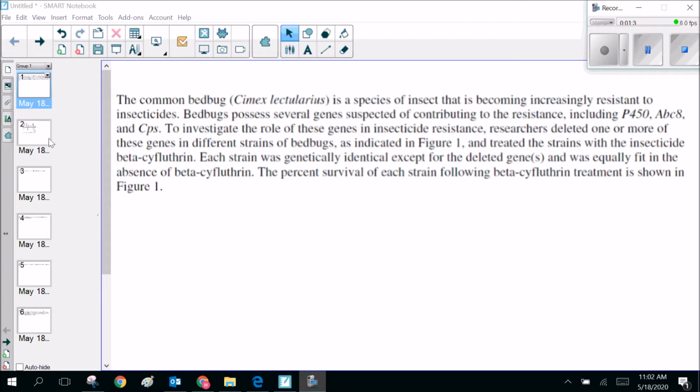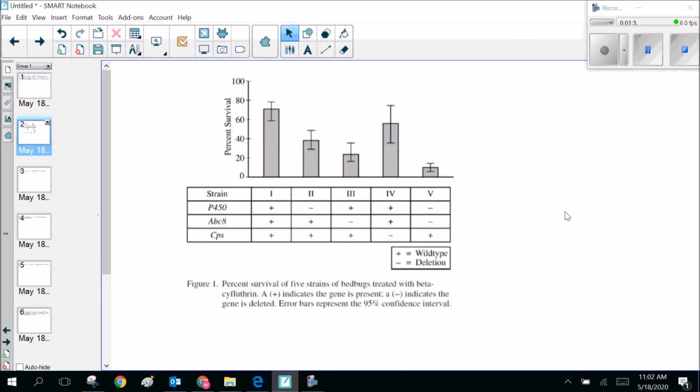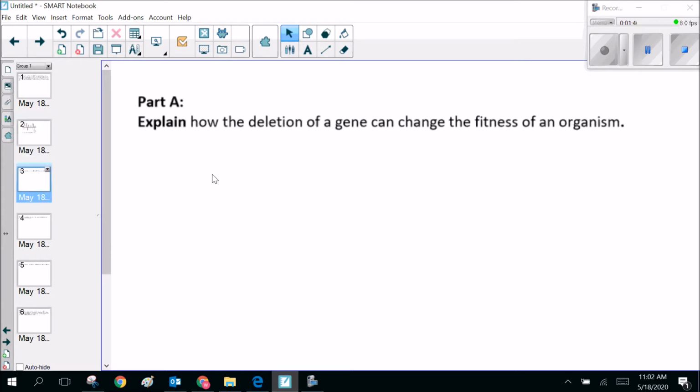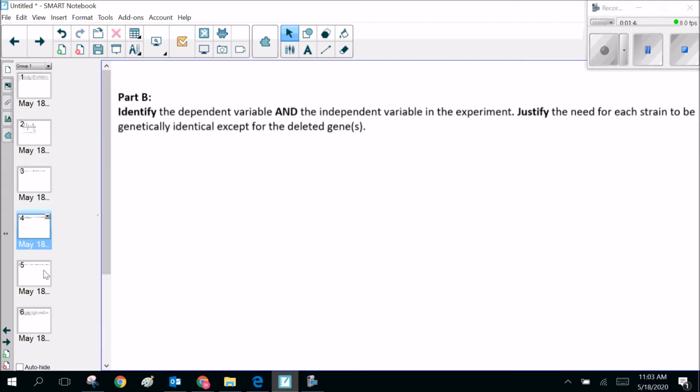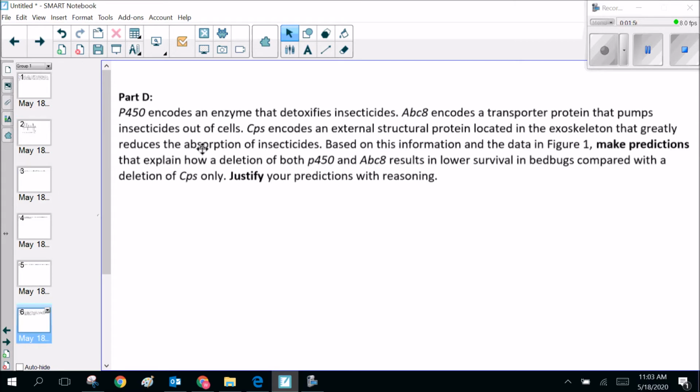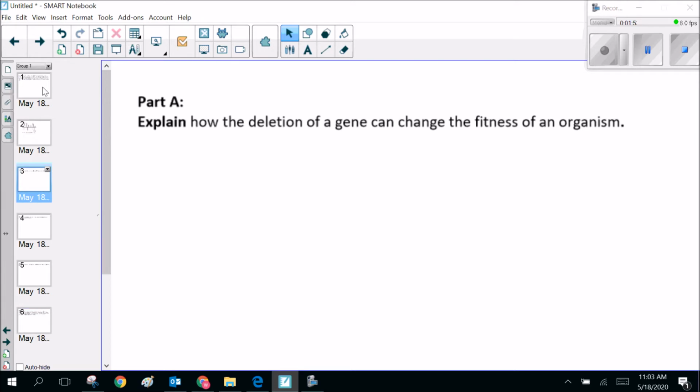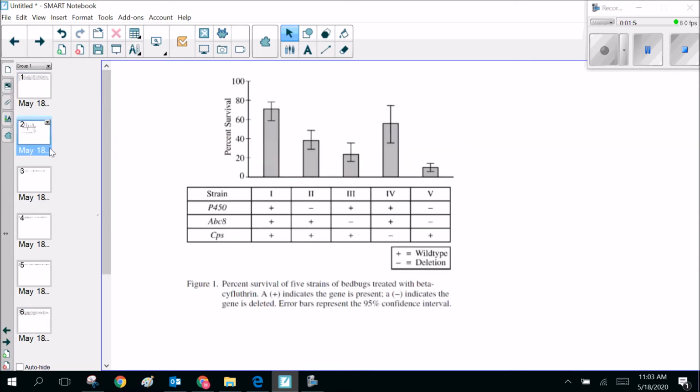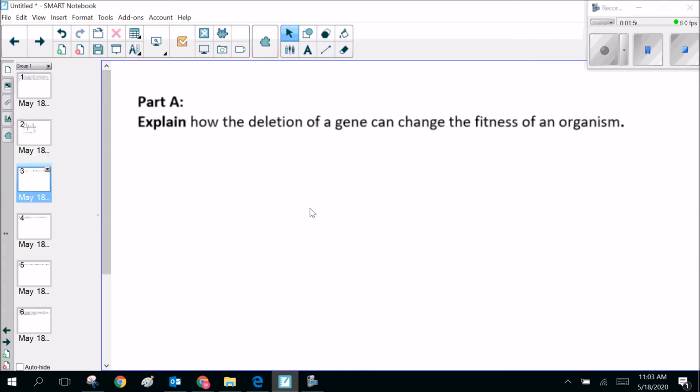You will also usually have some sort of figure or graph that you will have to interpret in some way, and that figure or graph will also often be linked to the context that you've been given, and you'll have to use it in order to solve some sort of problem. You will then be given either 4 or more parts to be able to break down the information that you're given in the introduction and the graph into some form of answer or analysis.